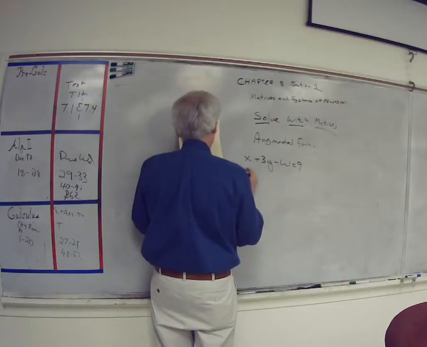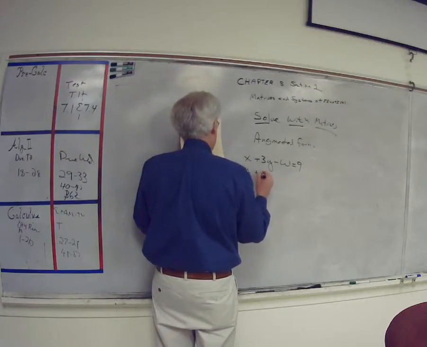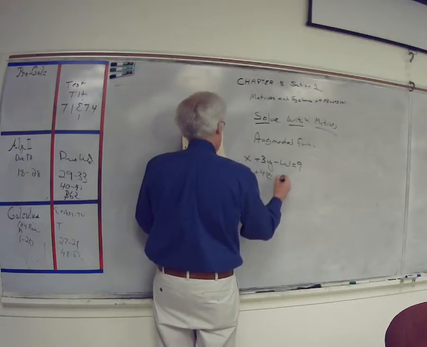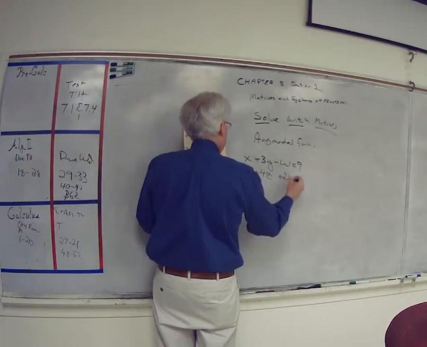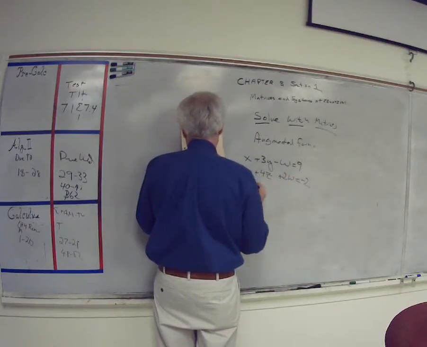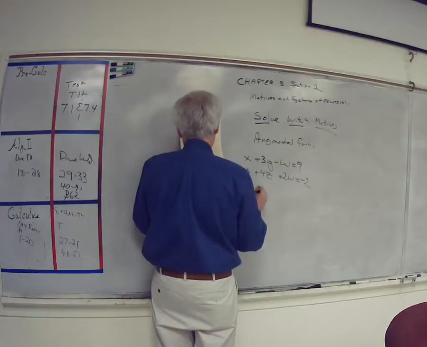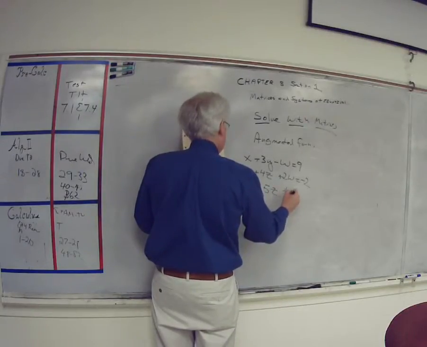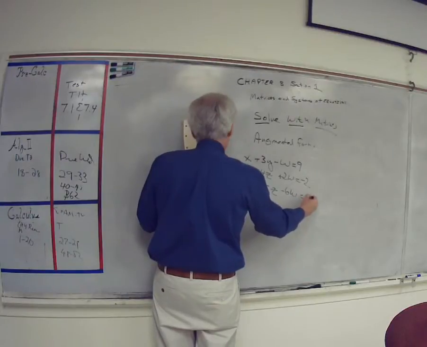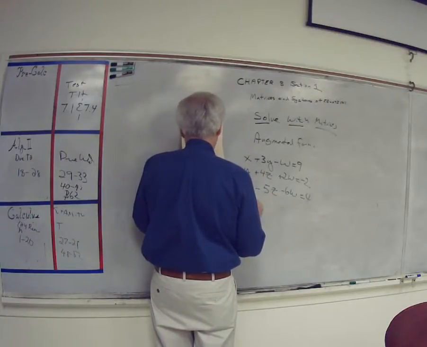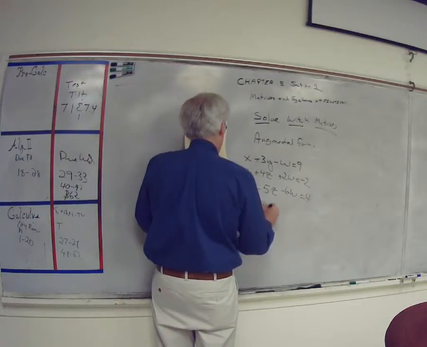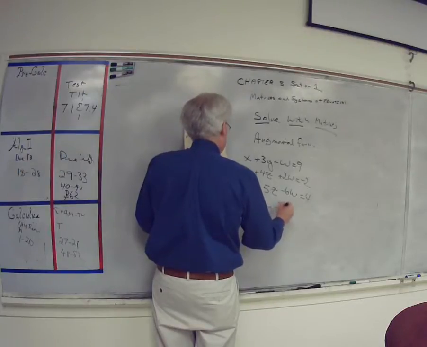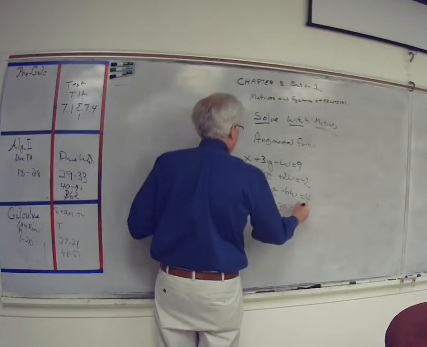And minus y plus 4z plus 2w equals minus 2. And x minus 5z minus 6w equals 4. And 2x plus 4y minus 3z equals 4.